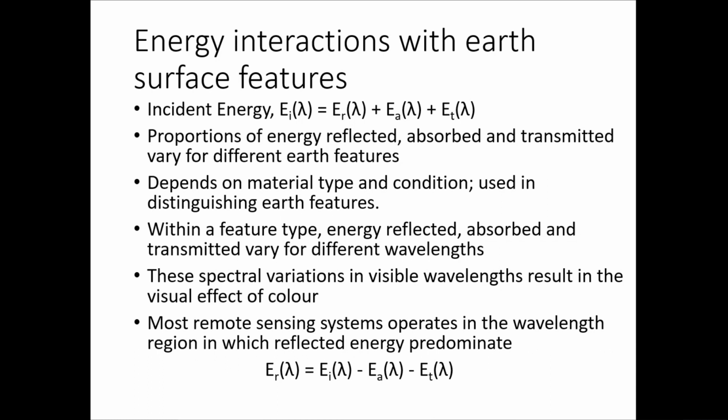So depending upon the material type and condition, how much reflectance happens, how much absorption happens, and how much transmission happens varies, and this can be used in distinguishing Earth features. All right, and even within a feature type, the reflected energy, absorbed energy, and transmitted energy can vary for different wavelengths.